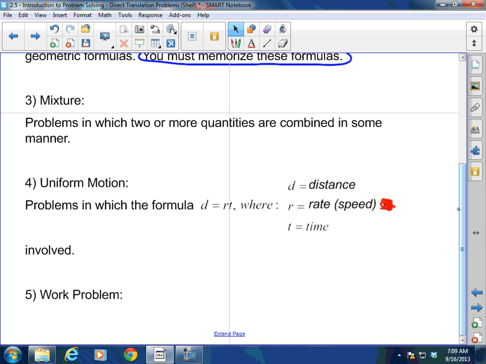Distance equals rate times time. Okay, those are problems like train A leaves the station at 5, train B leaves the station at 6. If train A was going at 80 miles an hour and train B is going at 100 miles an hour, at what time or after how many hours will train B catch up with train A? That kind of a problem. That's uniform motion.